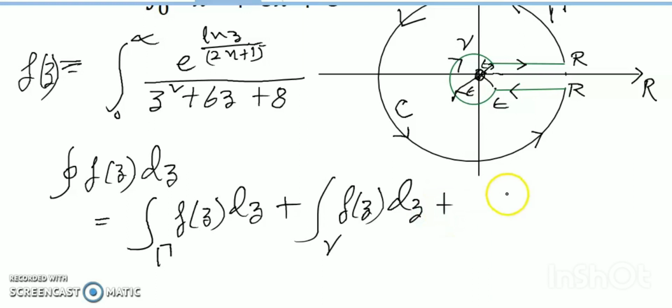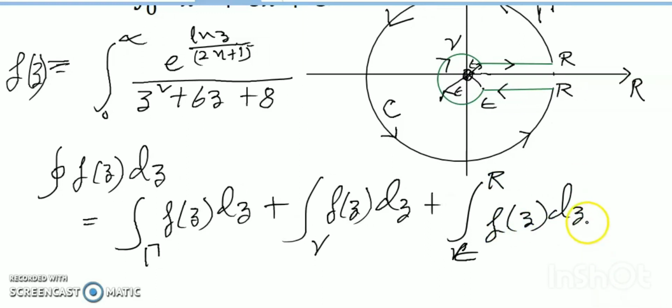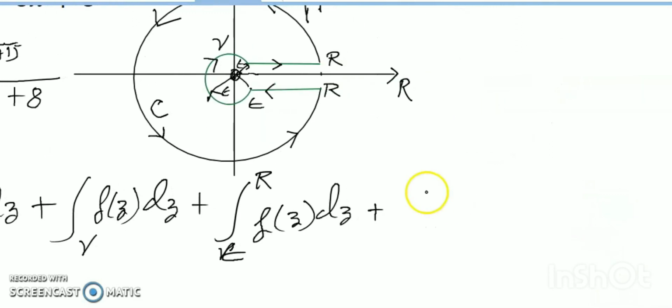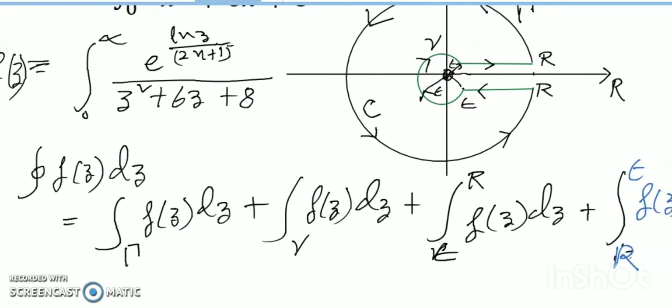Now it can be written this way: small r, radius small r, you can say epsilon to capital R f(z) dz, and plus epsilon, R, sorry, it can be written that this is epsilon to capital R f(z) dz. Okay, so this way it can be written in total four parts.